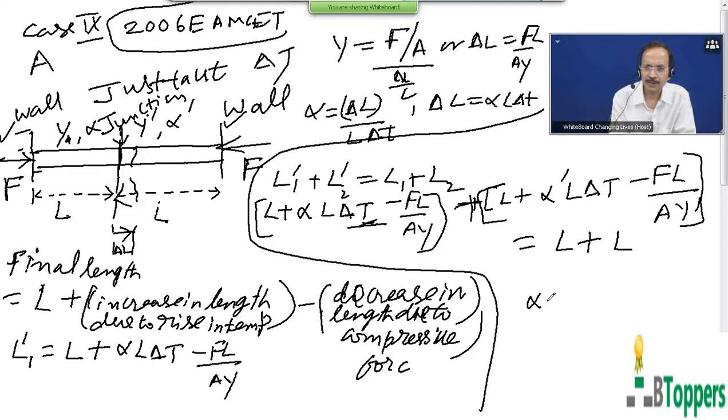So alpha plus alpha dash into L into delta T can be written as FL by A into 1 by Y plus 1 by Y dash.